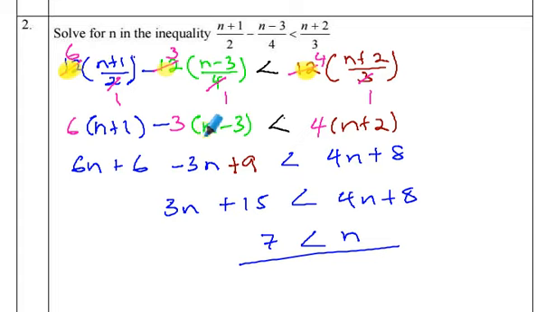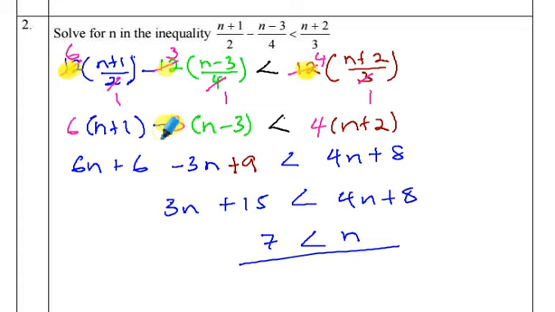Good. Now after doing that, we need to open brackets. How do we open brackets? We multiply this 6 times everything inside here to give us 6n plus 6. Are we good with that? Then look at this term here. I have a minus sign in front of the brackets.